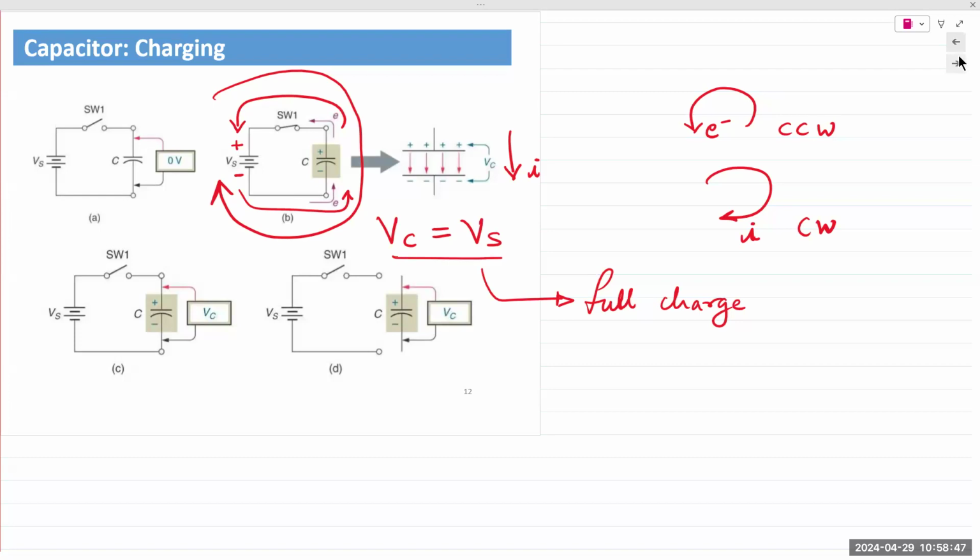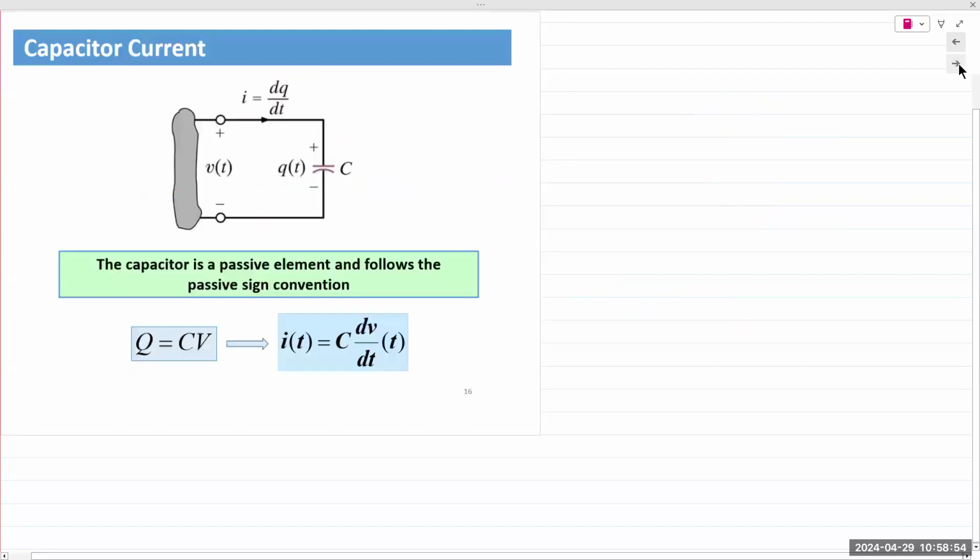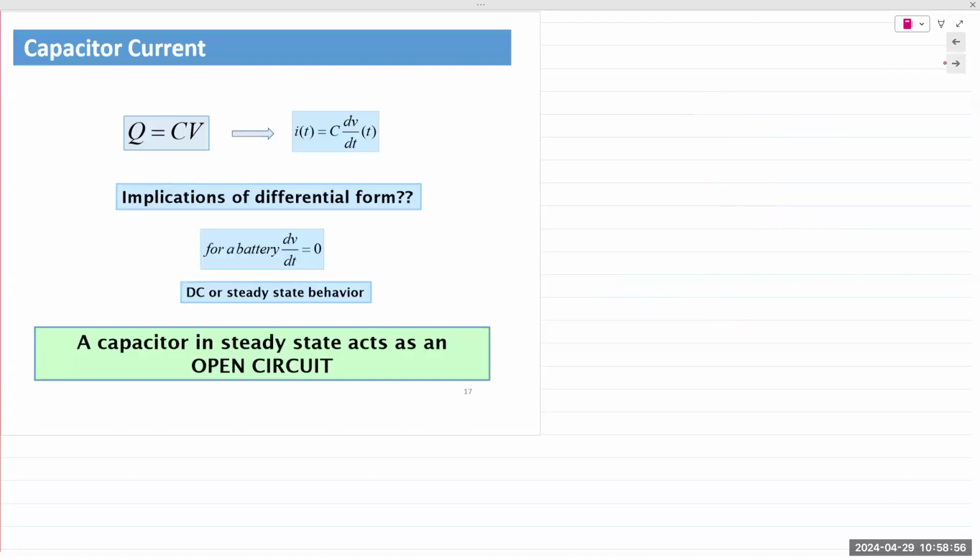So I'm going to jump ahead a few slides, and I'm going to talk about the differential form of that equation, right? Capacitor current is given by C dV over dt. But just conceptually, remember, I just stated, there's a charge imbalance. VC builds up to the level of that voltage source.